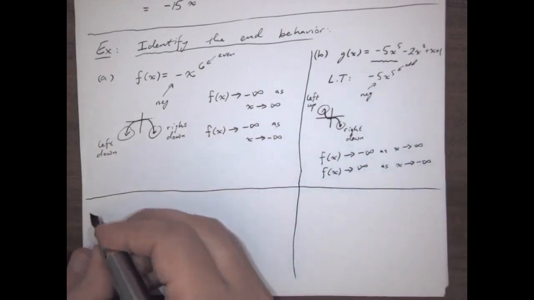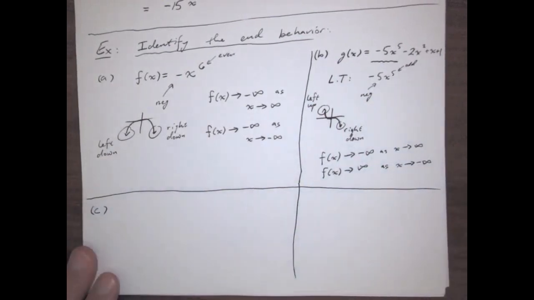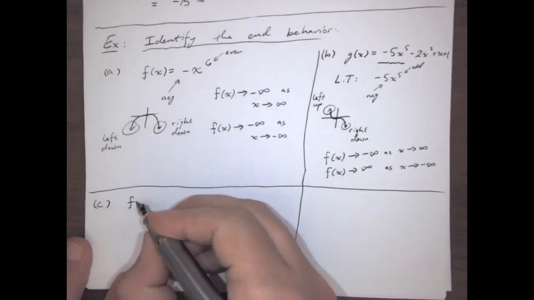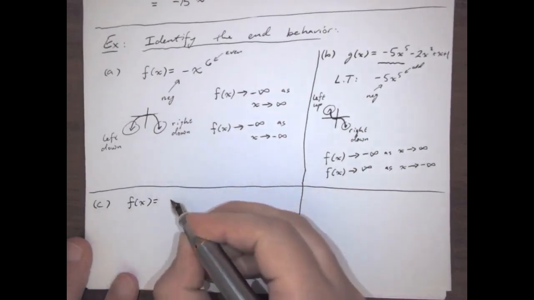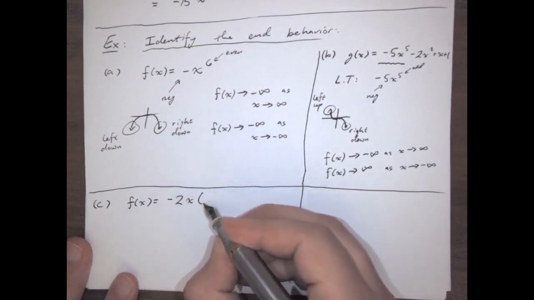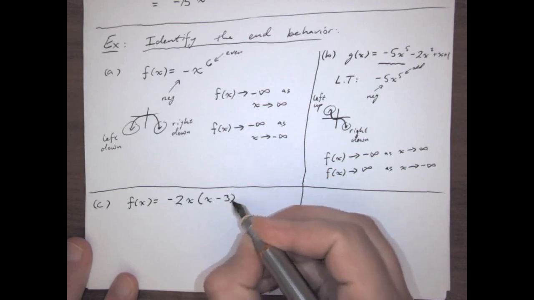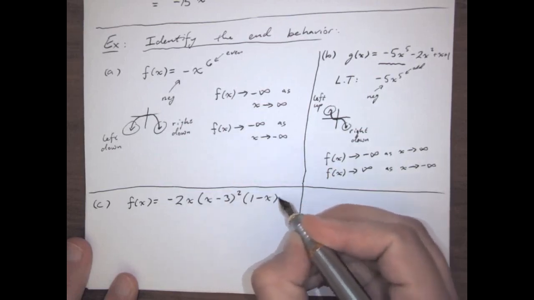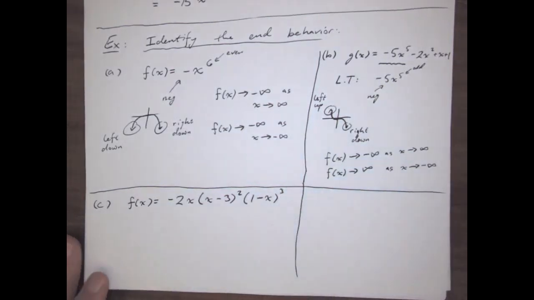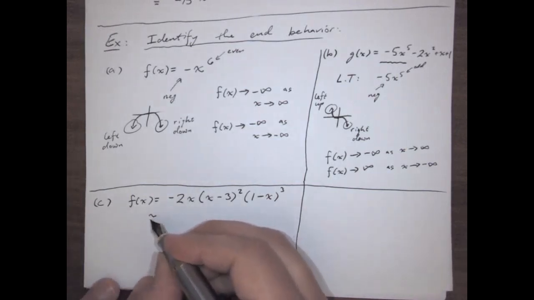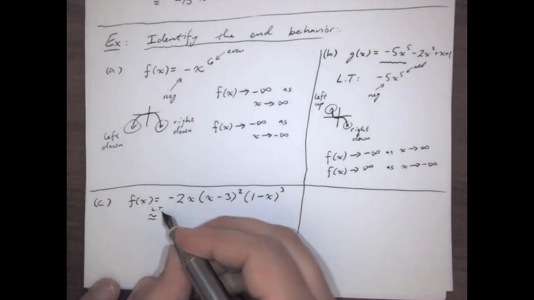Now let's try one where it's in factored form. So let's say what we have is something like f of x is equal to negative 2x minus 3 squared times 1 minus x cubed. So the important things about this will be determined from the leading term.